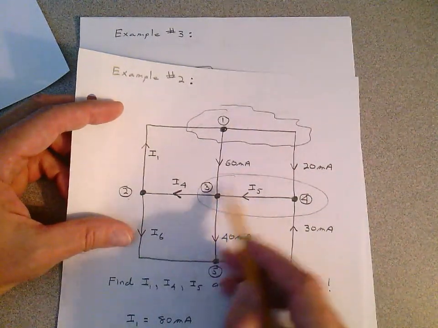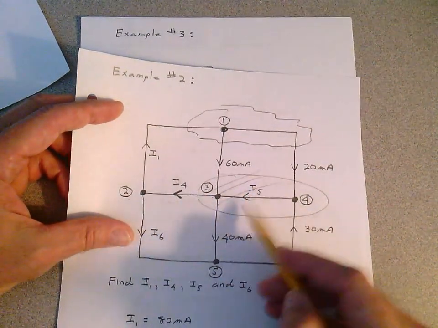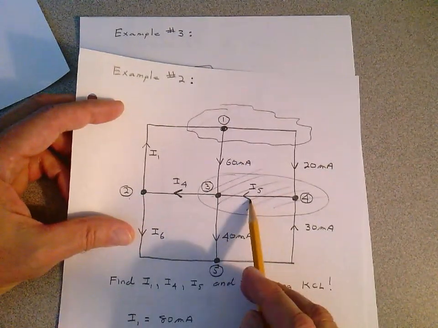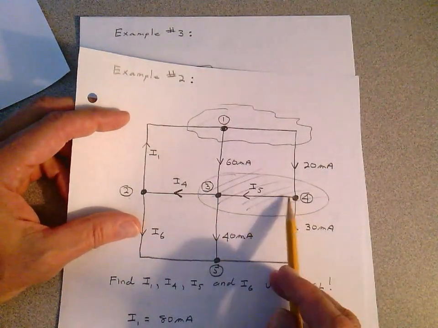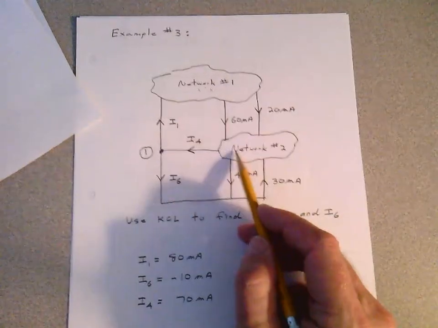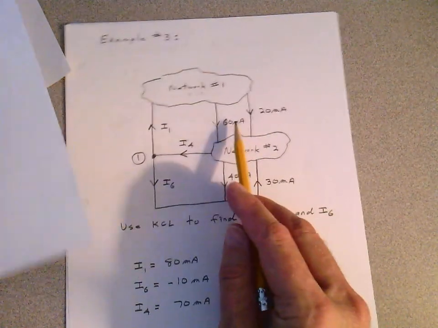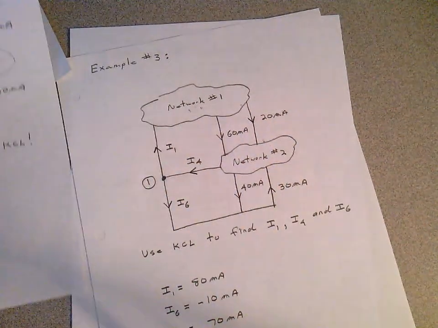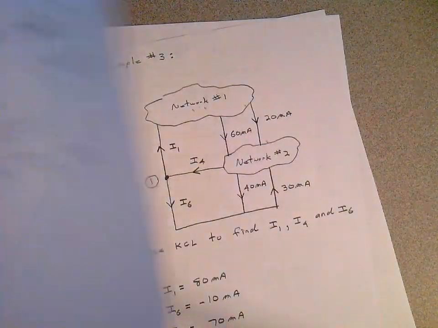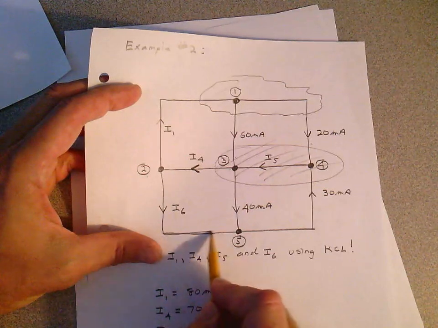There could be a lot of things in this area, not just the resistors here. It could be transistors, resistors, diodes, capacitors. But I'm going to put that all in network 2. And then I have my 60 milliamps going between the networks and my 20 milliamps going between the networks. And I'm keeping this point 5, down here.